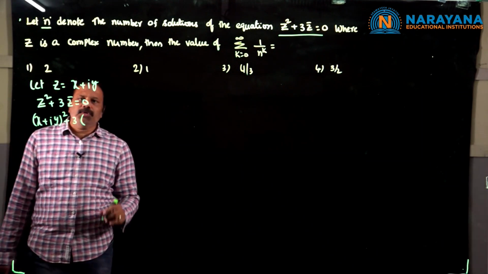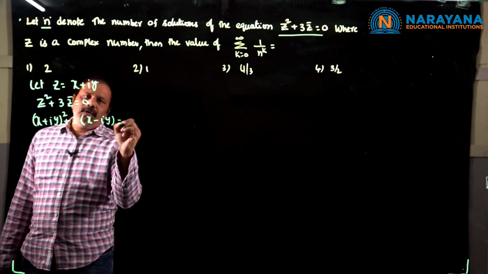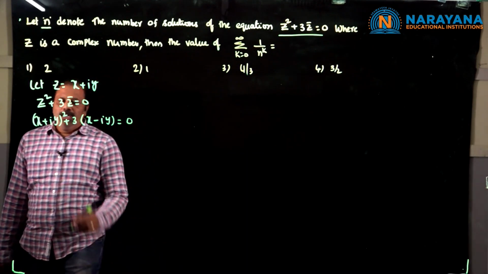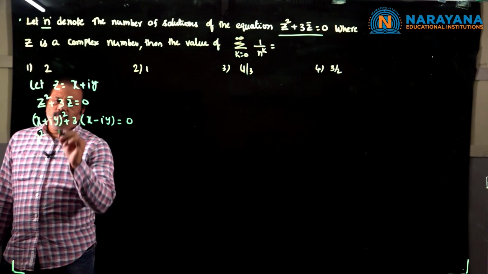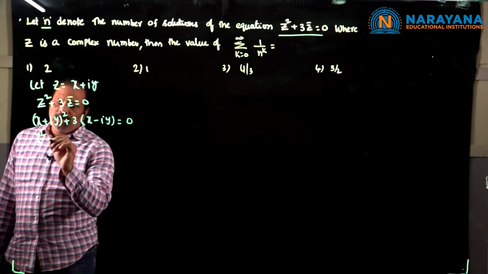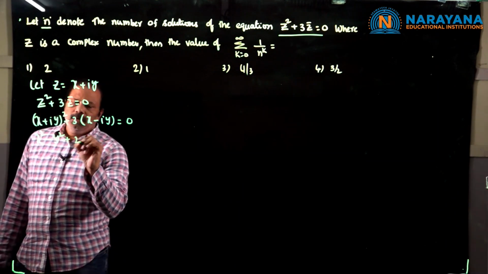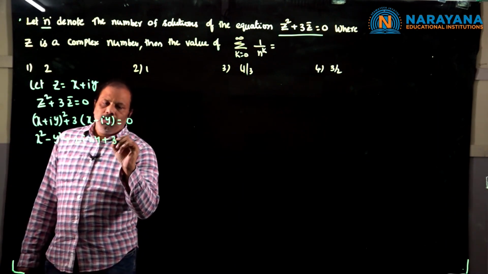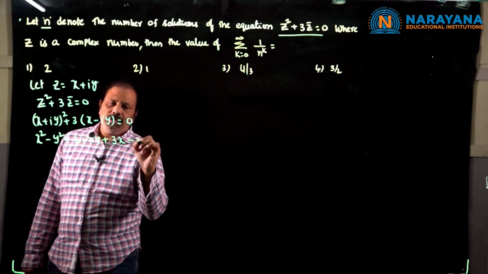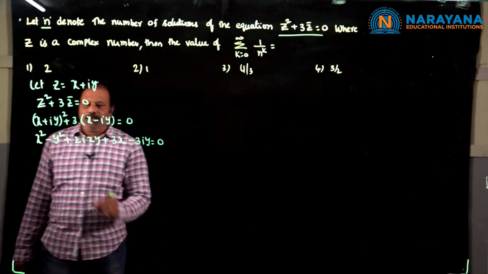Since z is equal to x plus iy, z bar will become x minus iy. If I open this, x squared plus i squared y squared. i squared means minus 1, therefore minus y squared plus 2ixy plus 3x minus 3iy is equal to 0.